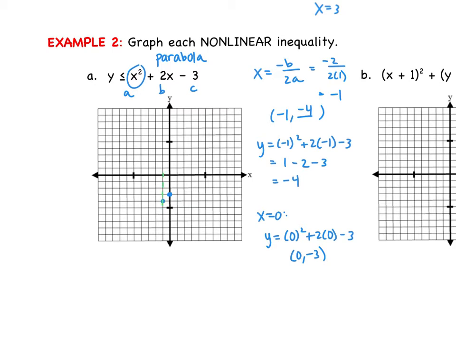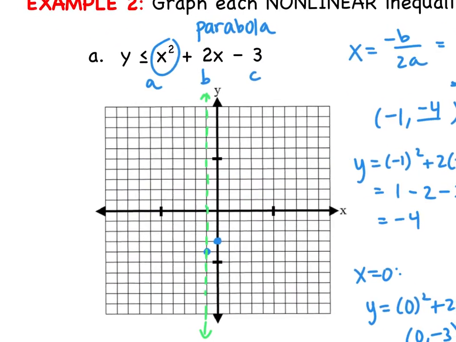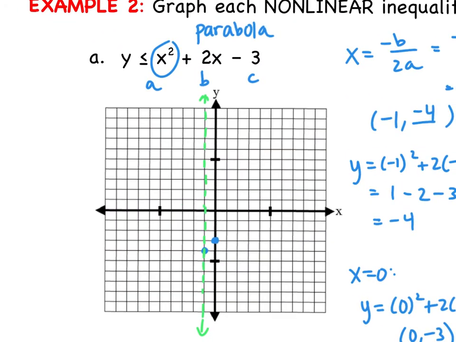It has this line that goes through the middle. It's called the axis of symmetry. So there are going to be mirror points on either side of the parabola. So what I mean is, this point right here, there is a mirror point on the other side, right here.